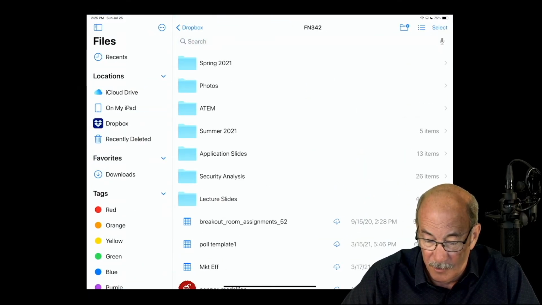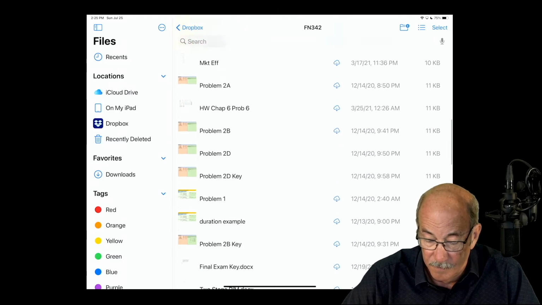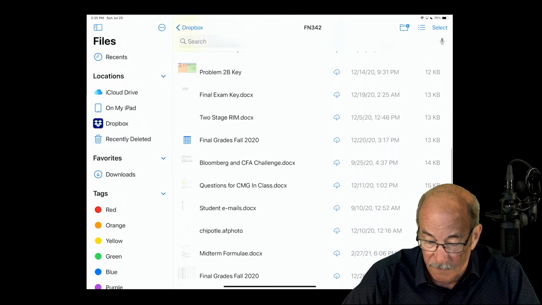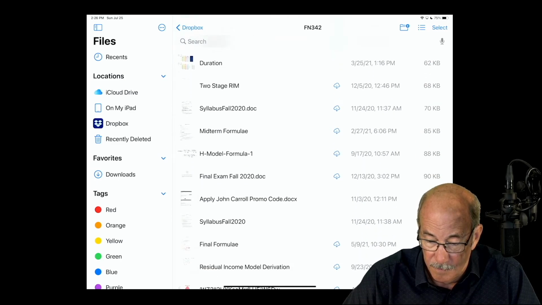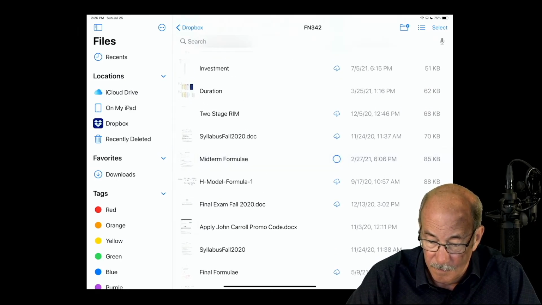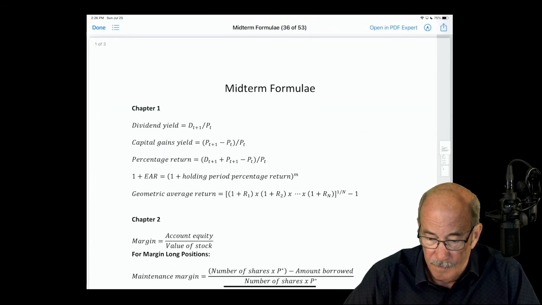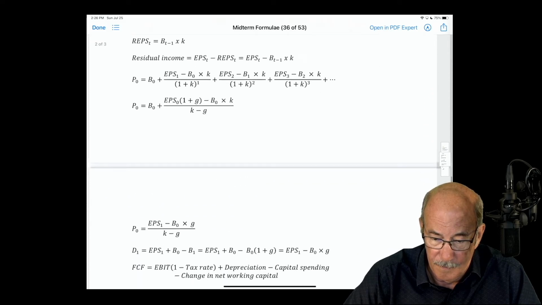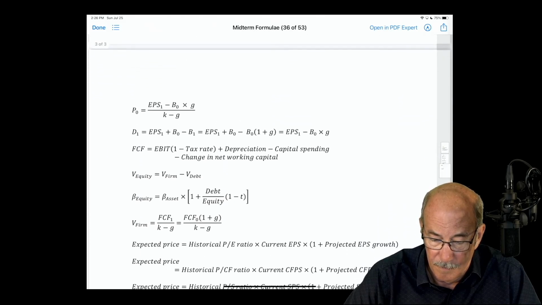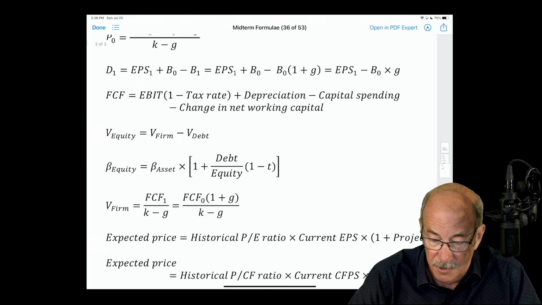I think I've got the formula sheet sitting in here rather than bouncing back and forth. Yeah, here we go. Okay, so right here.